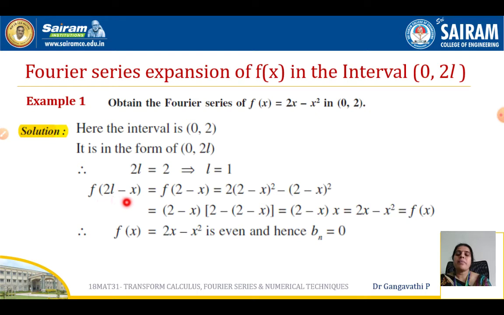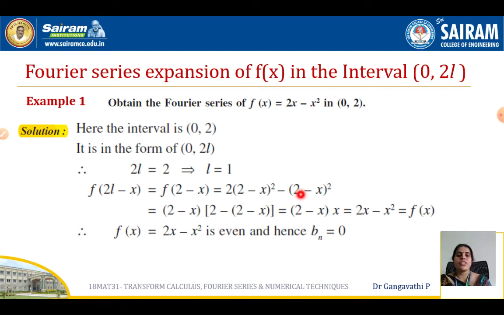Replace x by 2L minus x. On the other side we will get f of 2 minus x, which is equal to 2 times 2 minus x the whole square minus 2 minus x the whole square. We have just replaced x by 2 minus x, since L is equal to 1.